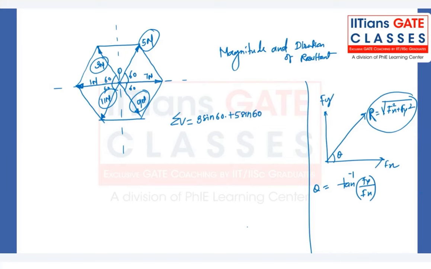So I should write negative 9 sine of 60 minus 11 sine of 60. If you solve them, you will get maybe minus 10.39. Negative indicates the total vertical force is in the downward direction.